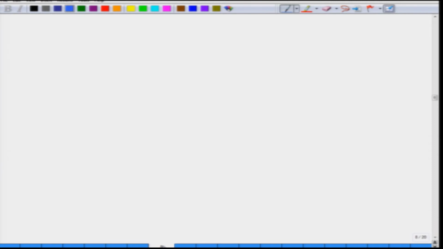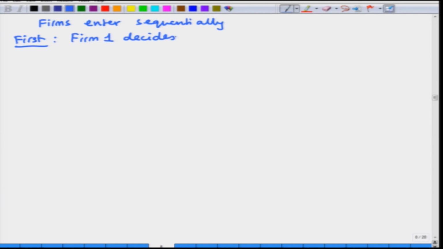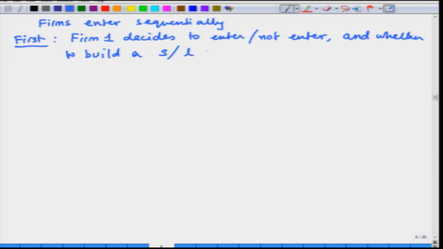So, the firms make their entry decision sequentially. So, firms enter sequentially. So, in stage 1, first firm 1 decides to enter or not enter, and whether to build a small or large capacity.